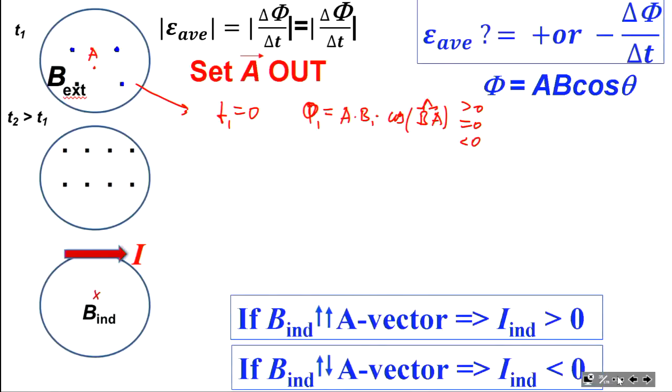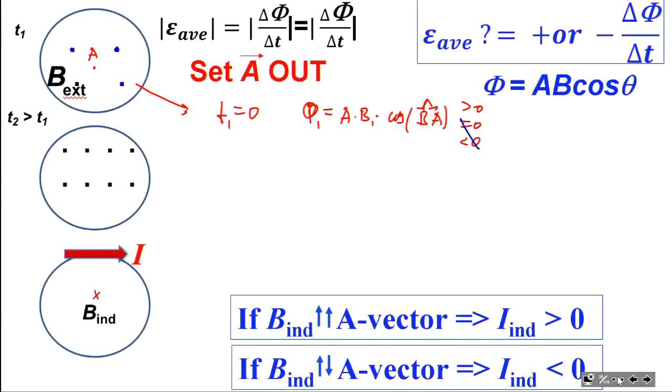What do you think? Area vector points out of the screen, magnetic field points out of the screen. They both point out of the screen. So there is no angle between those, or it's a small angle. So it makes the flux positive.